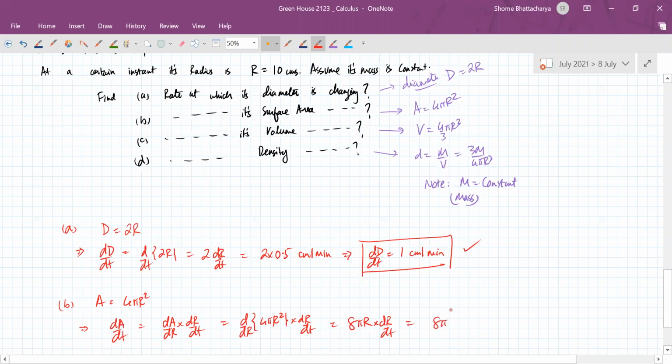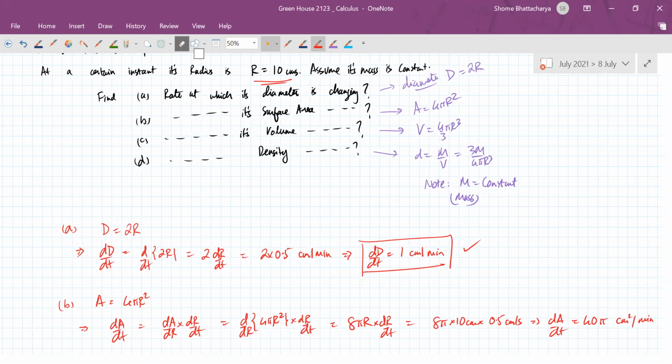So at that particular moment when we are calculating, r is 10 centimeters. So 8 pi multiplied by 10 centimeters multiplied by the rate at which it was changing, which was 0.5. So 40 pi, correct, centimeter square per minute. My mistake, this should also be per minute.